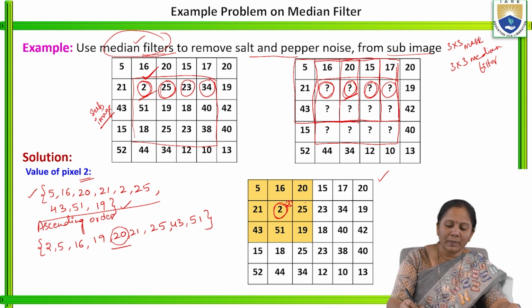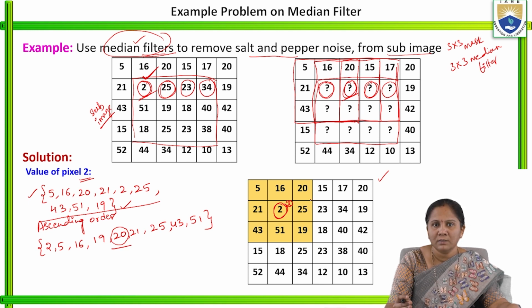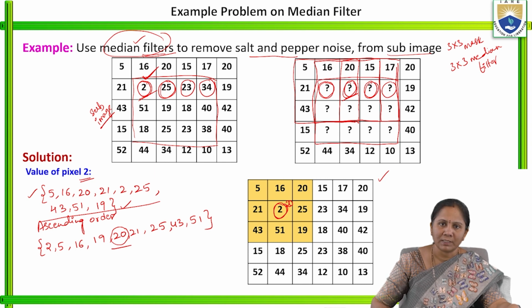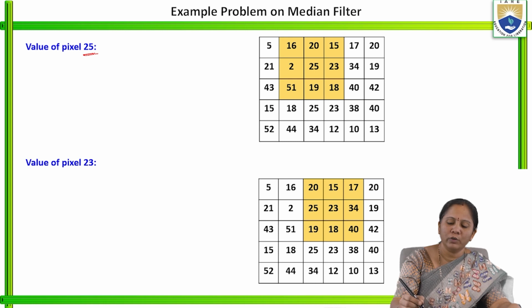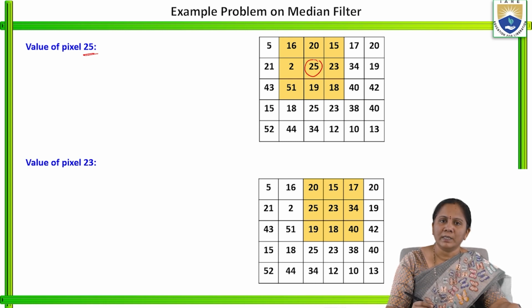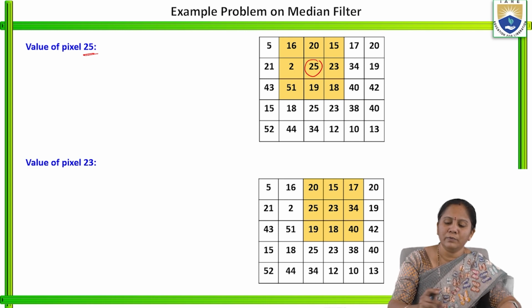Similarly, next we have to find the pixel value for 25. So we have to shift the mask towards the right such that this 25 will become the center pixel, and the new value of 25 will be calculated. If you shift this mask, this 25 becomes the center pixel value.